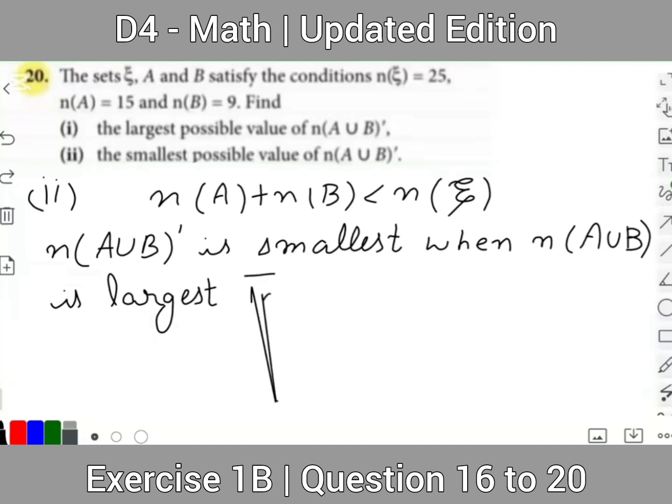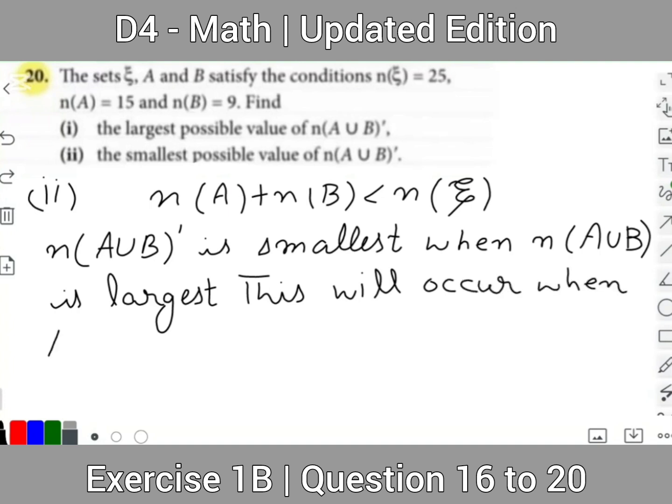And this will occur when A intersection B is equal to 0. It means A and B are disjoint sets.